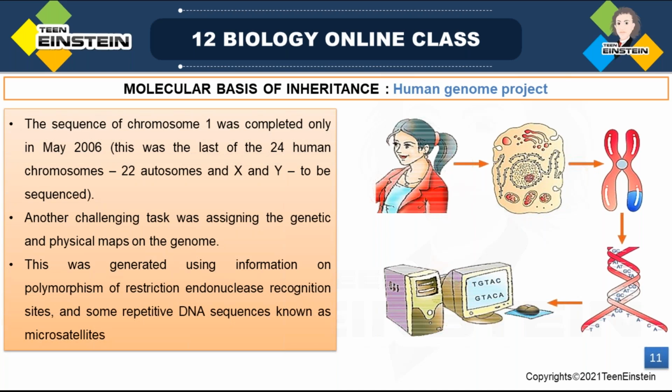What is genetic mapping? A genetic map is a type of chromosome map. It shows the probable or relative location. We can't locate exactly, but almost in that location the gene will be present. That is called genetic mapping.